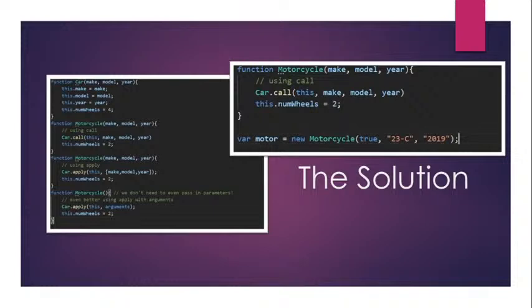Let's see what we're doing with it. Instead of duplicating code from the car function, we invoke the car function inside the motorcycle function but change the value of the keyword this to be the keyword this, as you can see here.